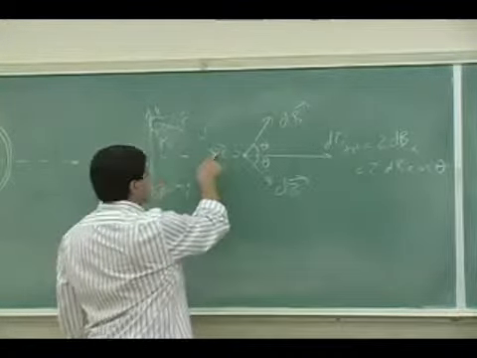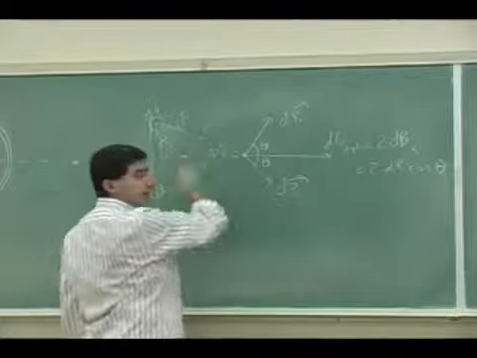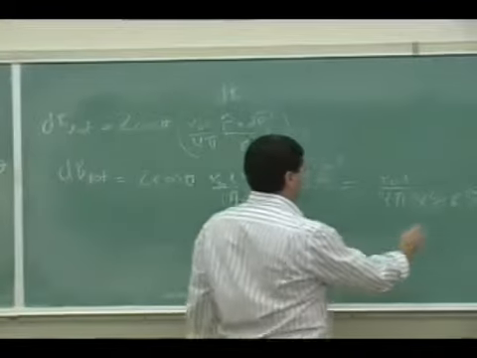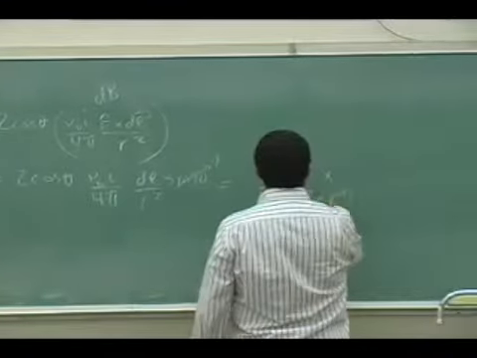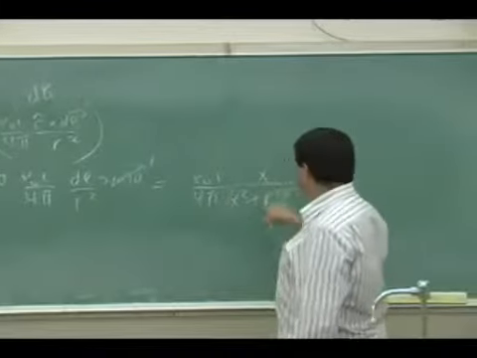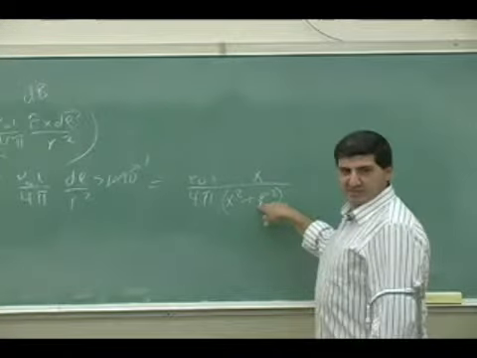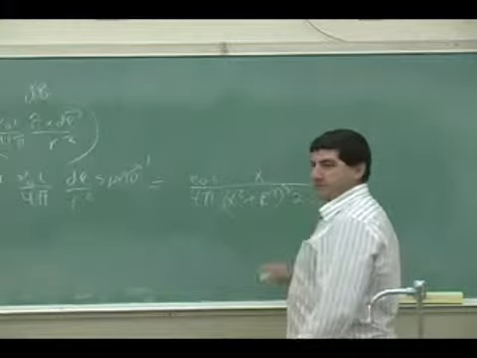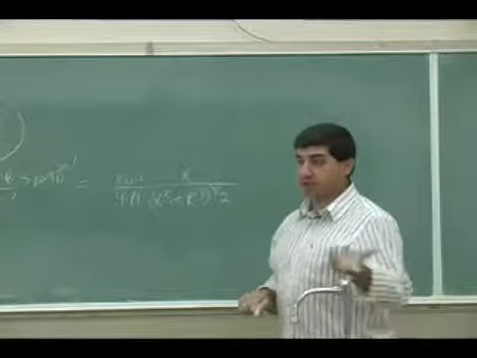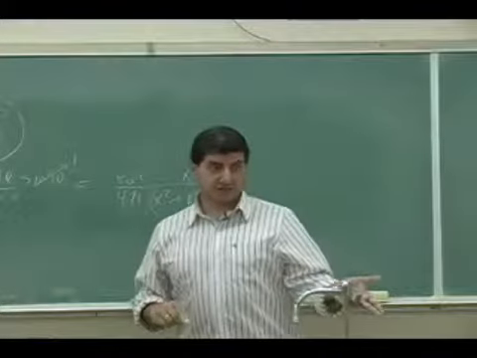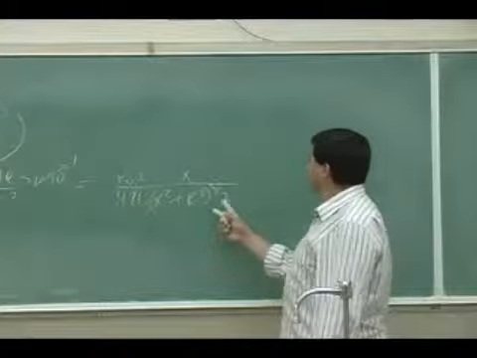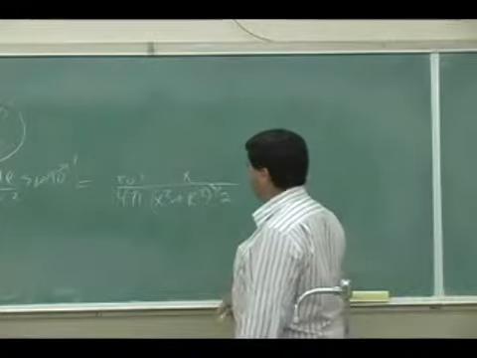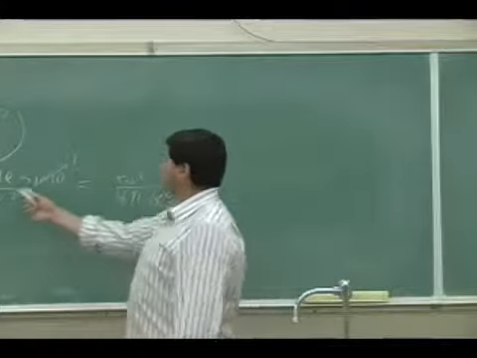So cosine of theta is x divided by one of the r's, right? X over r. So cosine of theta is x over r, which makes this a what? A 3/2, right? Because I already had x squared plus r squared, because it was r squared, the little r squared, and then now I have another r, so you have 3/2, and then what's left? Well, the dl is left.